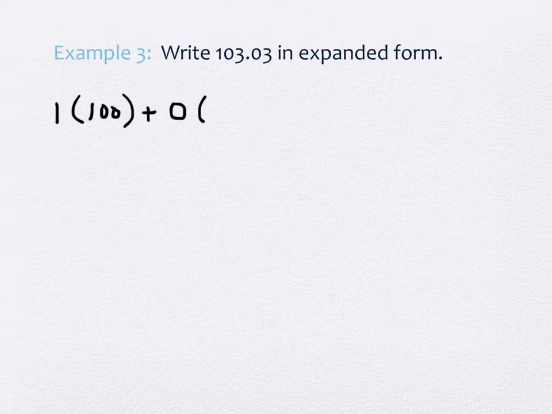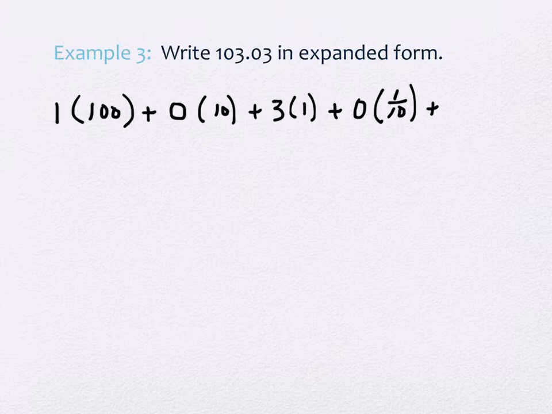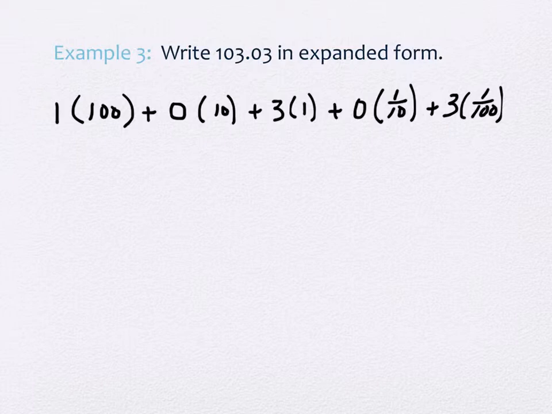Well, it looks like each numeral that I have times its place value. 1 times 100 plus, and we're going to go ahead and write in the zeros just for completeness, 0 tens plus 3 ones plus 0 1/10ths plus 3 100ths. And this is what expanded form looks like.